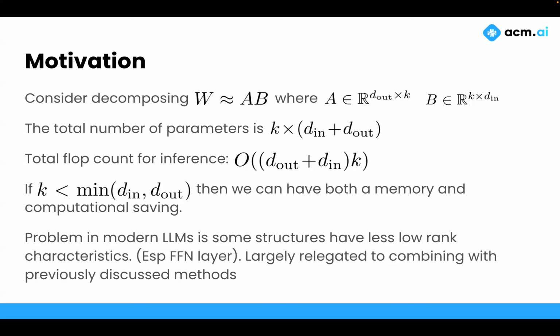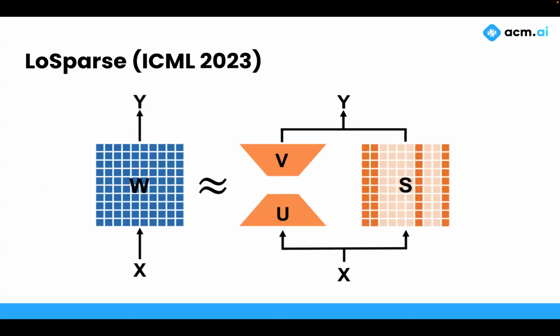So this is largely relegated to combining with previously discussed methods. For example, some people have tried to use low rank on top of quantization to try to recover some of the quantization performance loss. Or for example, the paper that I'm going to talk about now, we combine it with a structured sparse matrix.